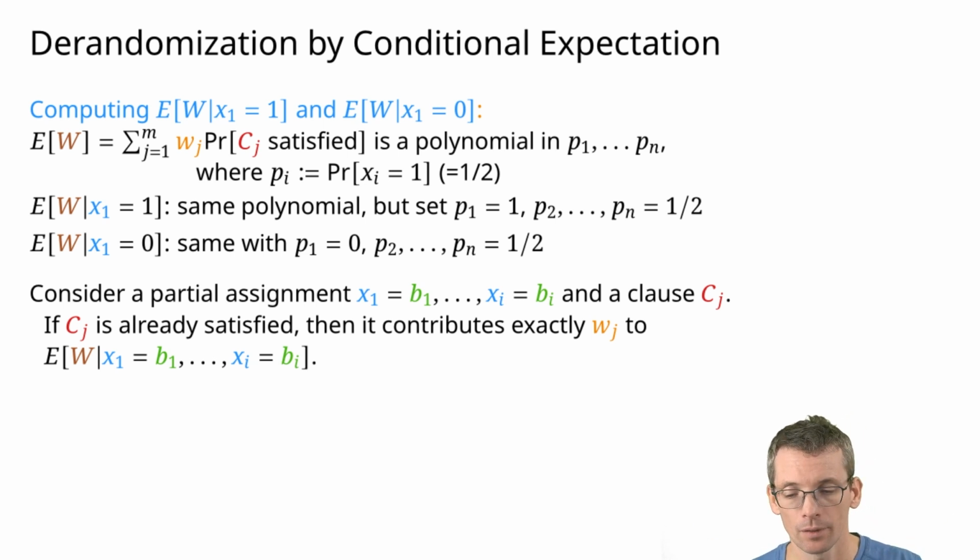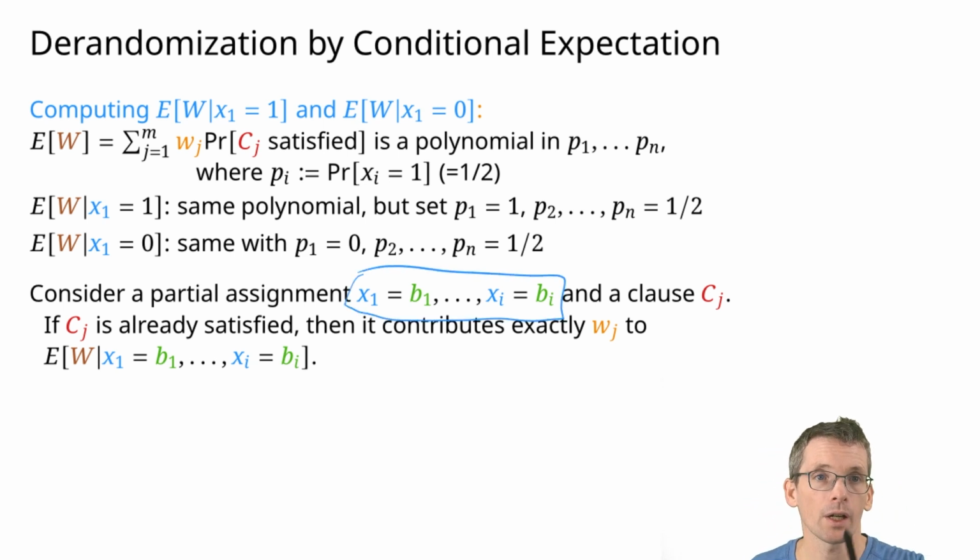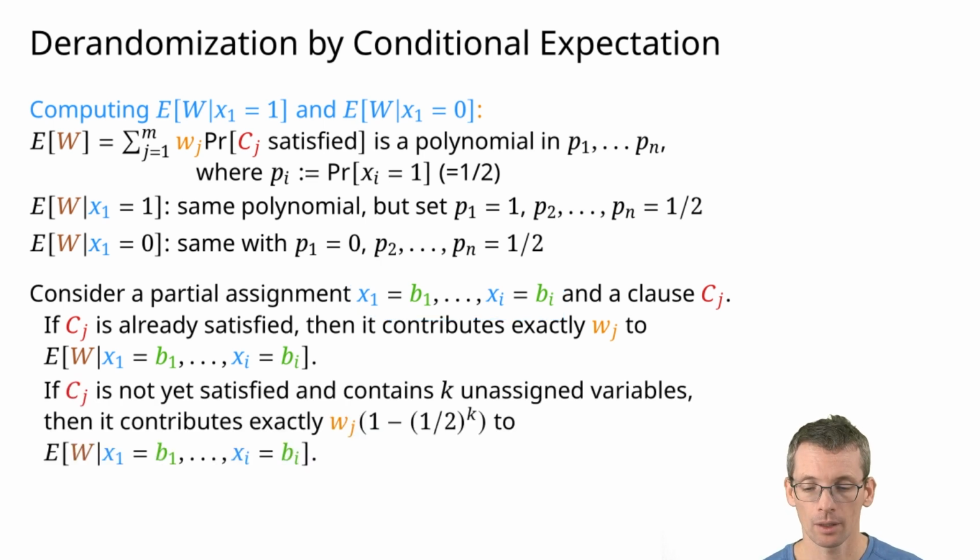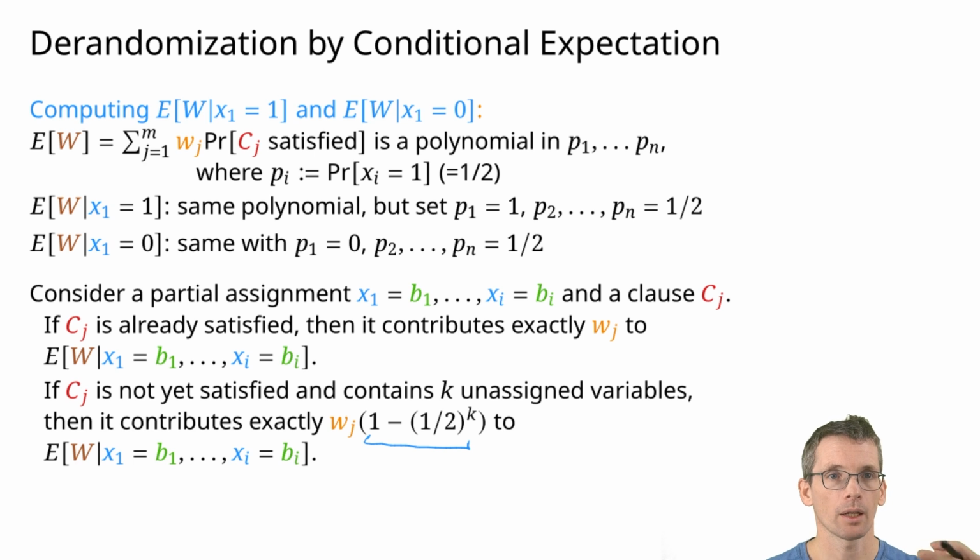If this is not the case, so if none of these variables so far satisfied Cj, then the probability that Cj is going to be satisfied by the remaining variables is simply 1 minus 1/2 to the k, where k is the number of unassigned variables that show up in Cj.